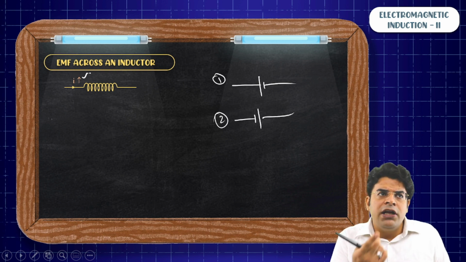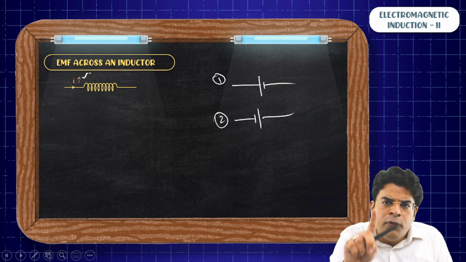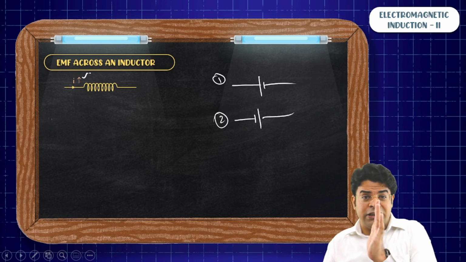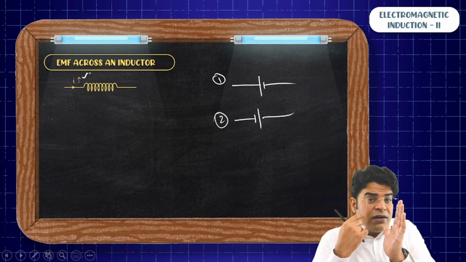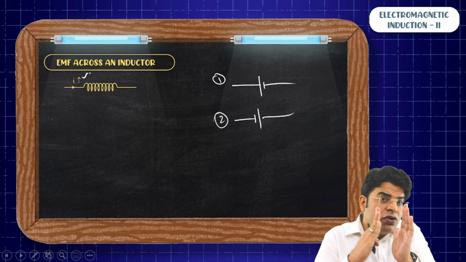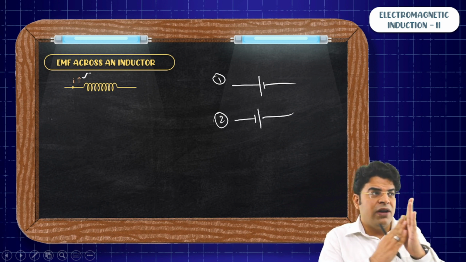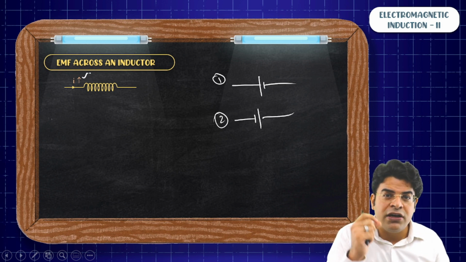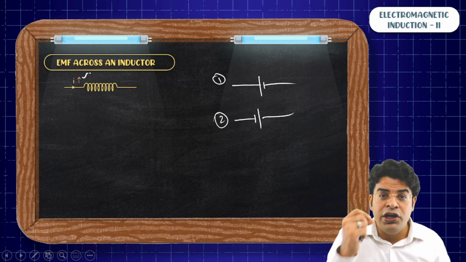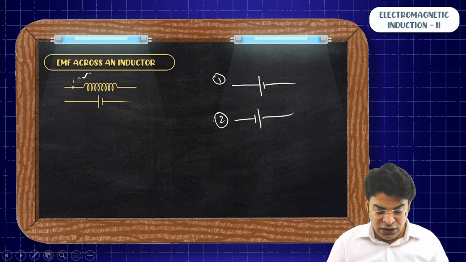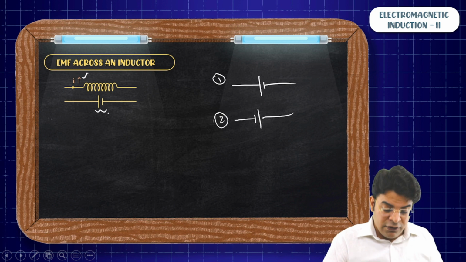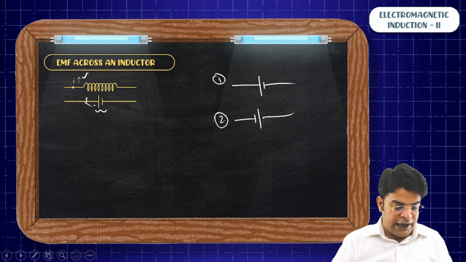The property of inductance is to oppose the change in current. The inductive nature will try to stop this current from increasing. So if it has to stop this current from increasing, the potential created by the induced EMF will be higher towards the left hand side. It will try to block the flow of this current. It will try to drive current in the opposite direction.